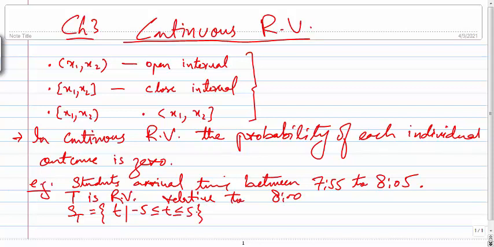So we have a margin that either the student comes around 7:55 or up to 8:05.